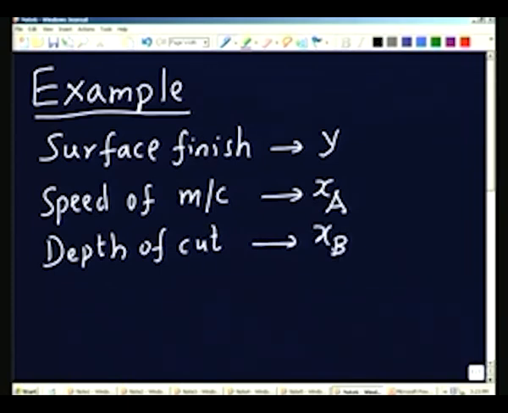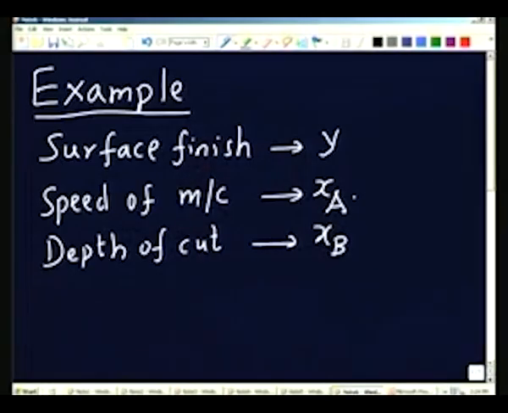In a real machining process there may be many other parameters which may play a role, but we have taken a very simple one where we have ignored any other factors coming into the picture. We have only 2 factors. So, these are the 2 factors, speed of machine and the depth of cut, and the outcome is the surface finish.